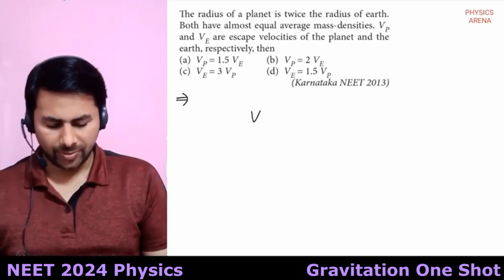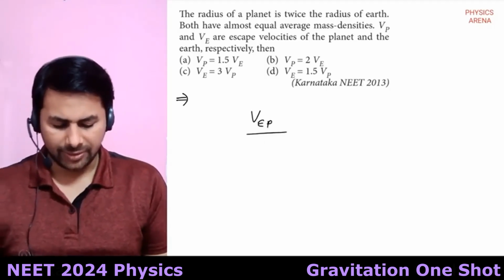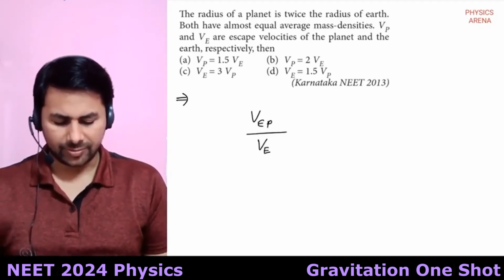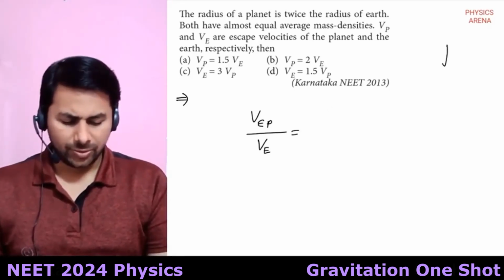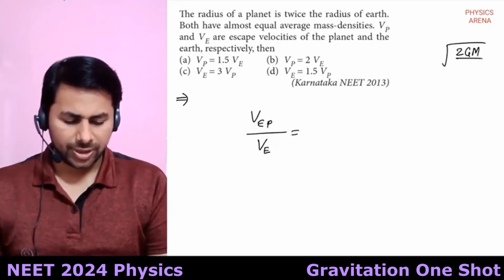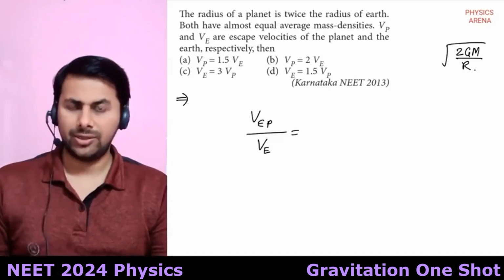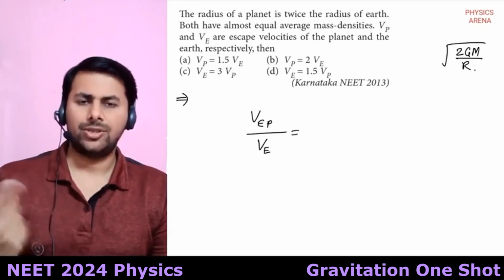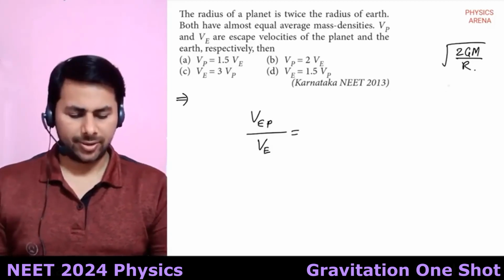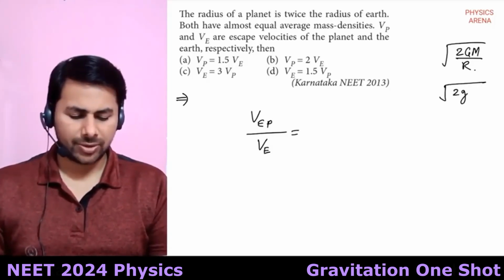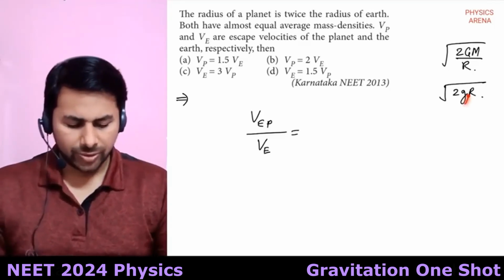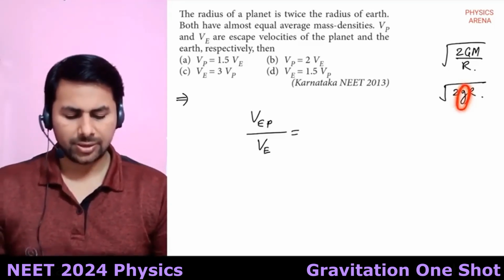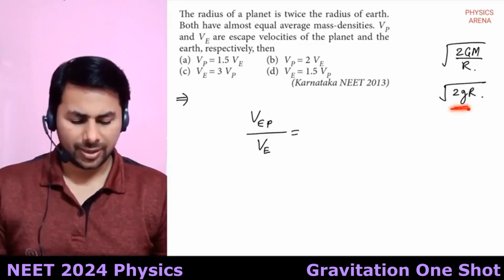So the escape velocity of the planet divided by the escape velocity of Earth will be equal to, now you have two formulas. Square root of 2GM upon R, this is one. And if you put GM equals gR squared, you have another formula, square root of 2gR. Which one should we use? This one. Why?